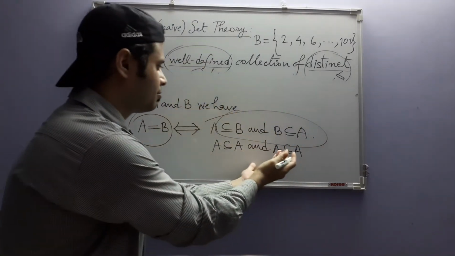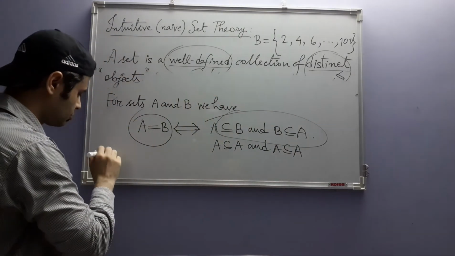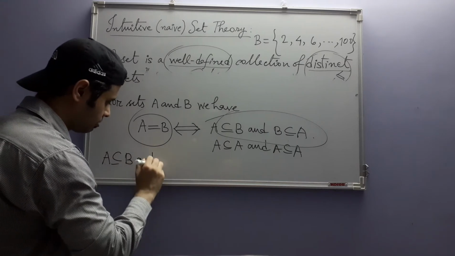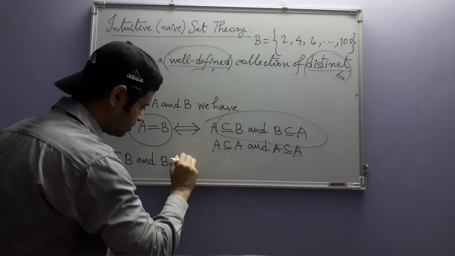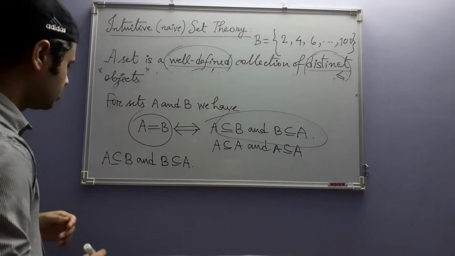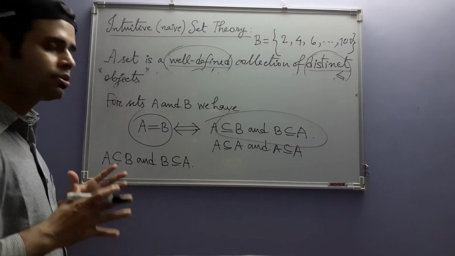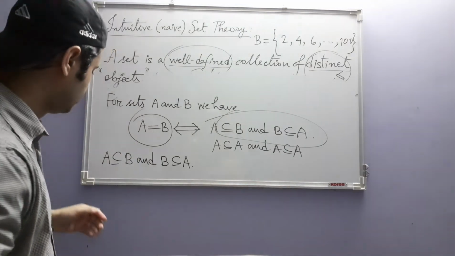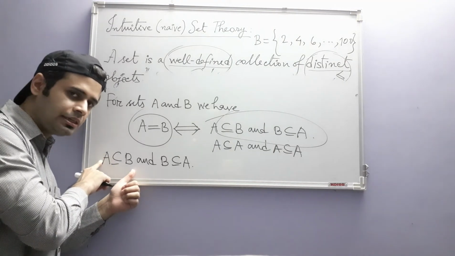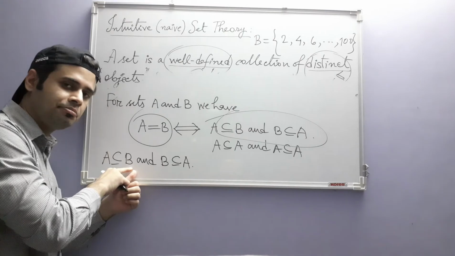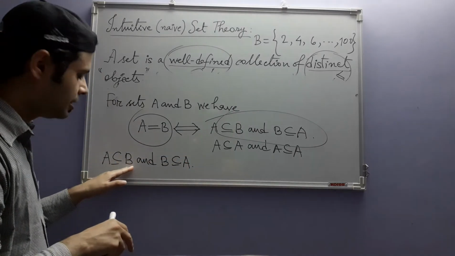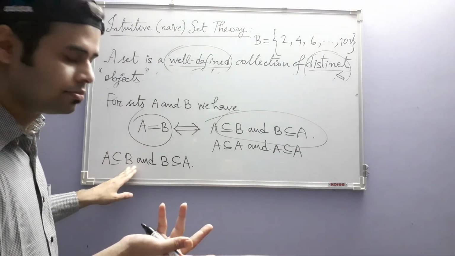However, how to come from this side to this side? So now we assume that A is a subset of B and B is a subset of A. Okay. So from this, how do we conclude that A and B are equal? Because A is a subset of B, every element in A is already in B. So A sits inside B. Now, is there something more in B?